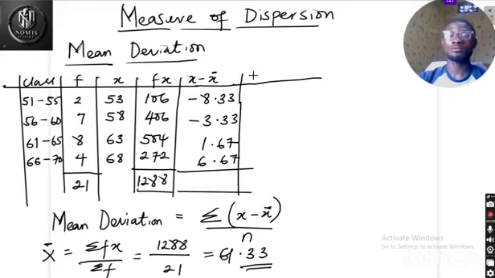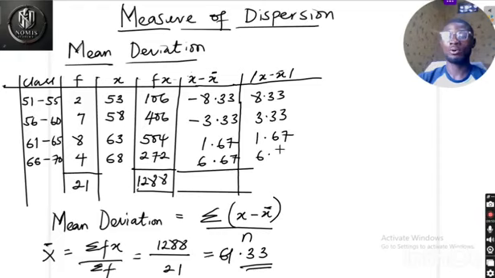So the absolute value of x minus x bar will be 8.33, this will be 3.33, this will be 1.67, and this will be 6.67.